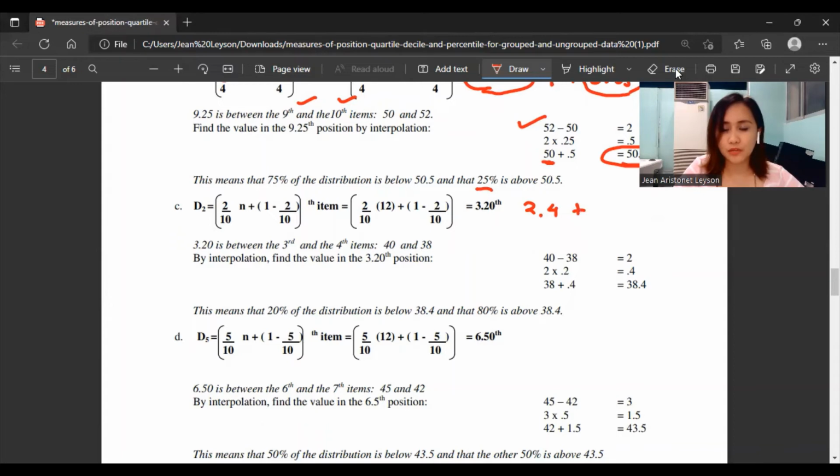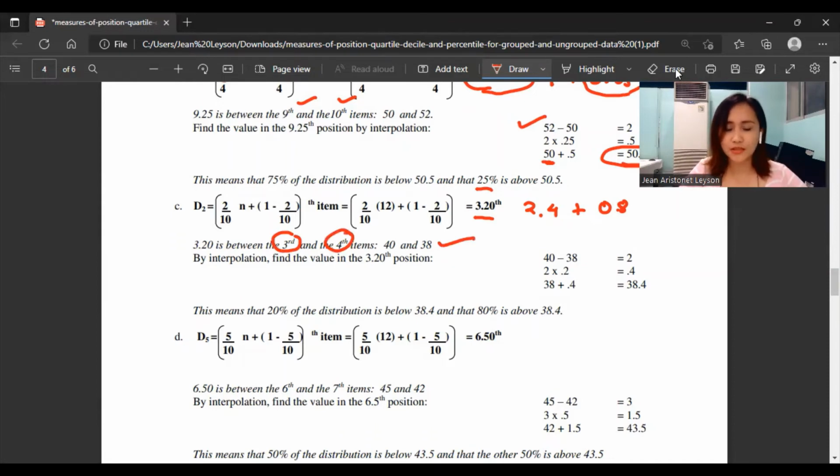So 1 minus 0.2, that is 0.8. Then adding those together, that will give us 3.20, or the 3.20th position or item. So 3.20 is between the third and the fourth items, 40 and 38.